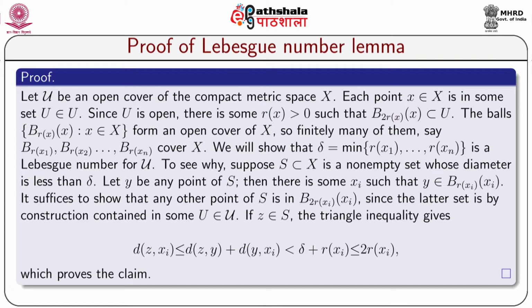We claim that delta is the Lebesgue number for the open cover script U. That means, any subset of X with diameter less than delta is contained in some member of script U.